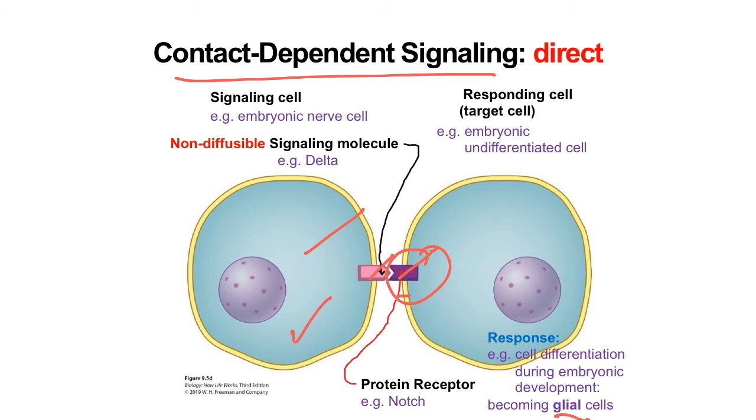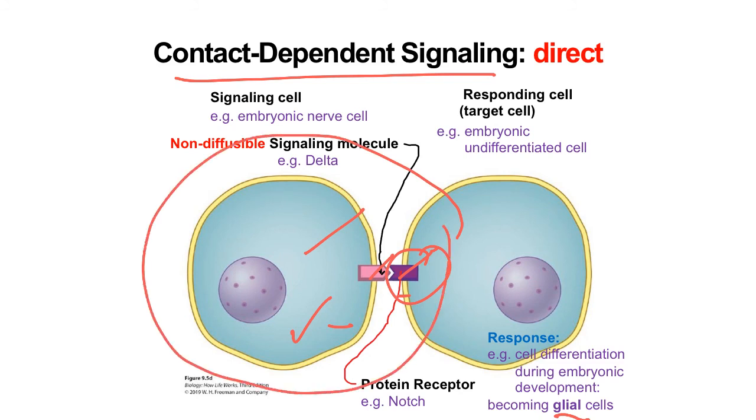And so this type of contact-dependent signaling allows only a few cells to become neurons, whereas all their neighboring cells surrounding them will become cells that would support them or protect them, like glial cells. So this is a very interesting, unique phenomenon of communication that is direct between two neighboring cells.